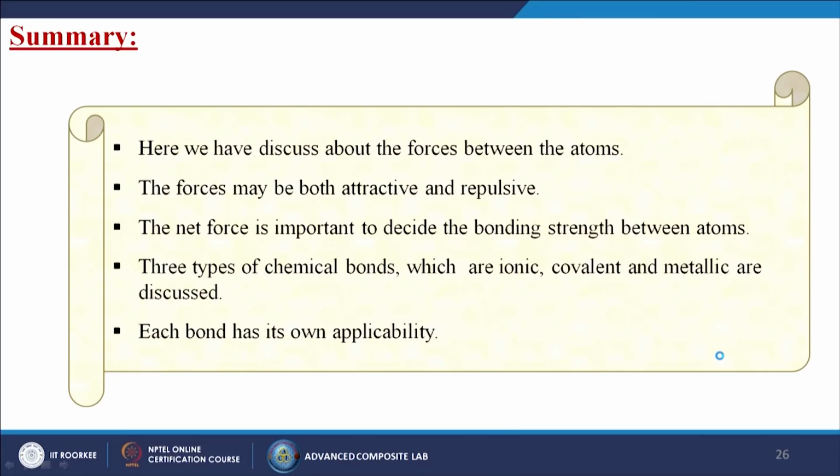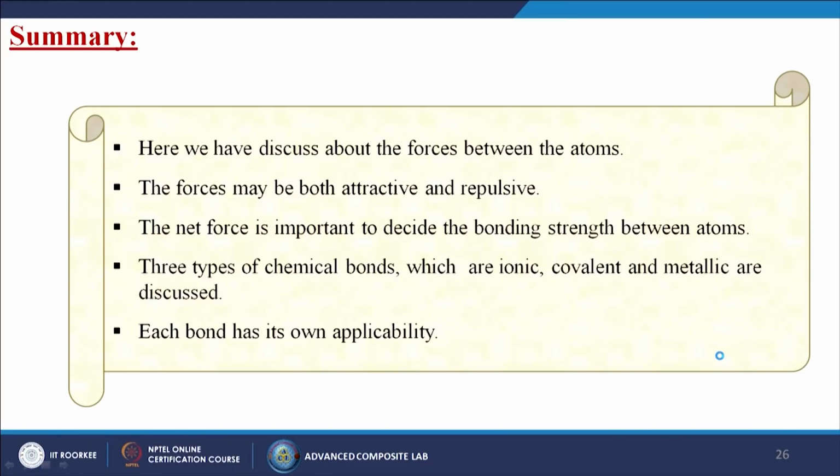So now we have come to the last part of this particular lecture. It is time to summarize the whole lecture. Here mainly we have discussed the forces between the atoms, the different types of forces we have, like hydrogen bonds, then van der Waals forces, and some other kinds of forces. The forces may be both attractive or repulsive in nature.